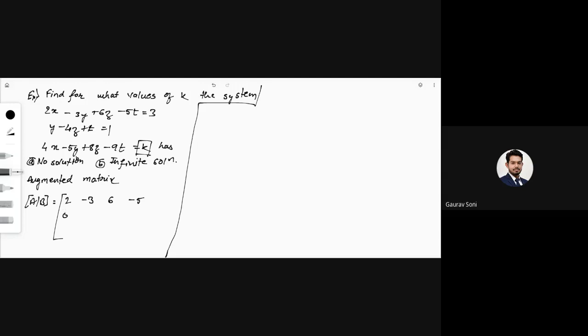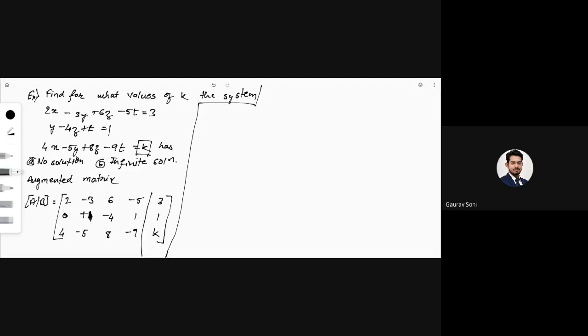0, 1, -4, 1, and 3, 1. The last row is 4, -5, 8, -9, and the last entry is k.